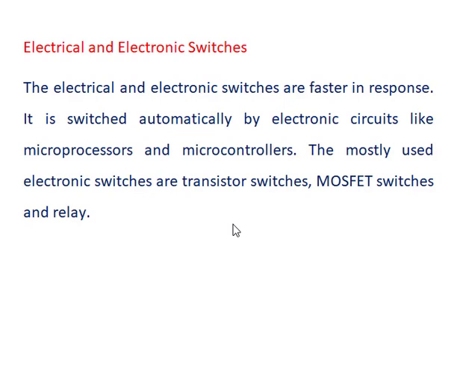They mostly use electronic switches or transistor switches, MOSFET, metal oxide semiconductor field effect transistor switches, etc. Beyond this, we also use infrared switches and Wi-Fi switches, and in remotes we use infrared switches to operate our TV and other home appliances.